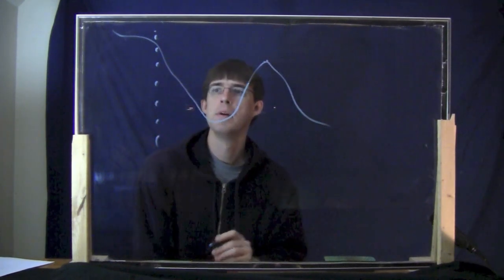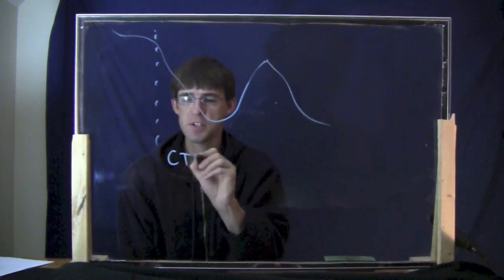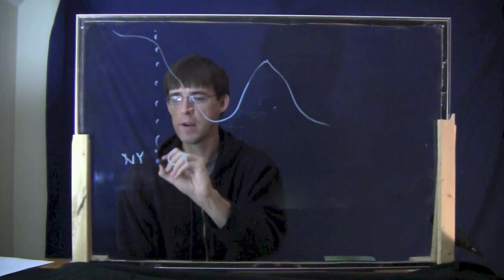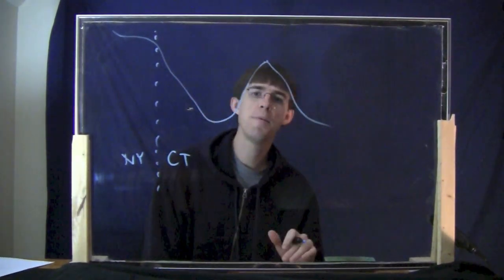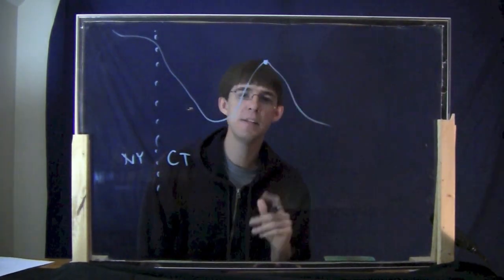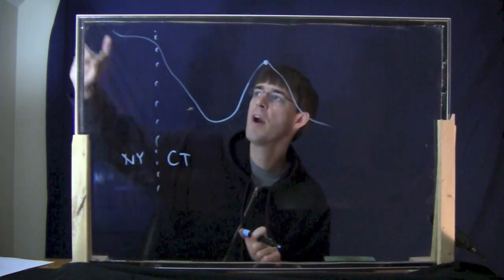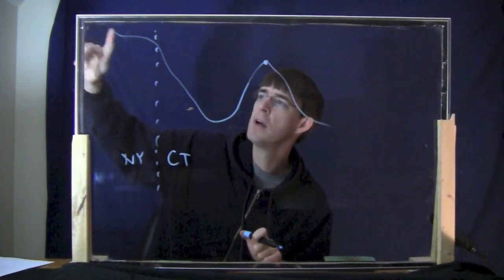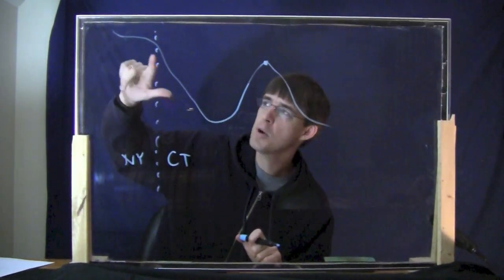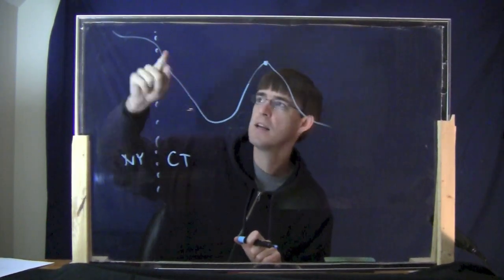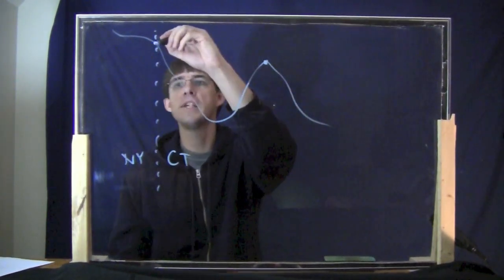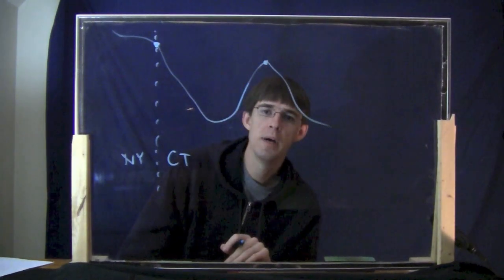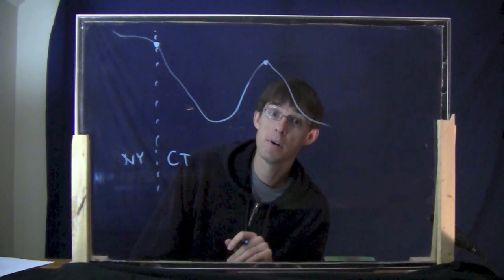Here's New York. The true fact of the matter is this is the highest peak in the state of Connecticut, but there are higher peaks in the state of New York, and you start going up the slopes of them while you're still in Connecticut. The highest point overall in Connecticut is here on the border between Connecticut and New York.